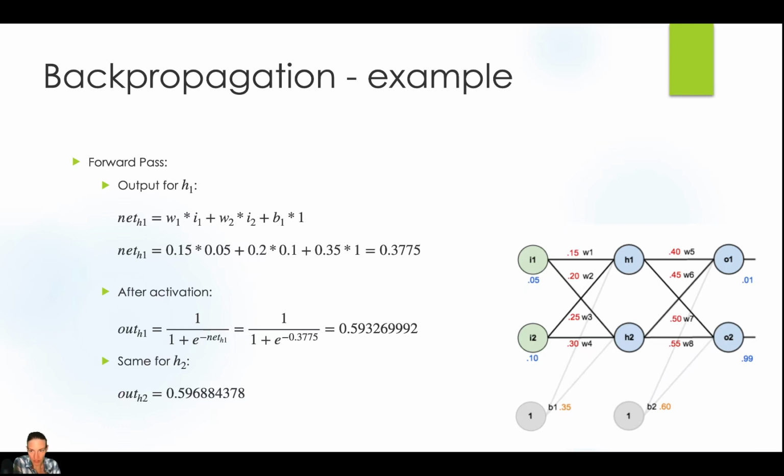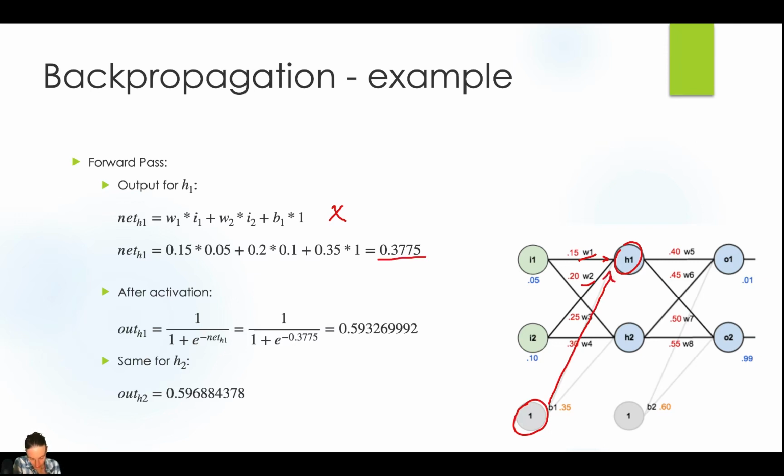So for the hidden layer node H1, we can start by taking the linear combination of W1 times the input I1. Then we see that it gets an input from I2 as well, with weight W2. So we take the linear combination of this plus the bias, because there's also a bias in this network, which goes to H1.